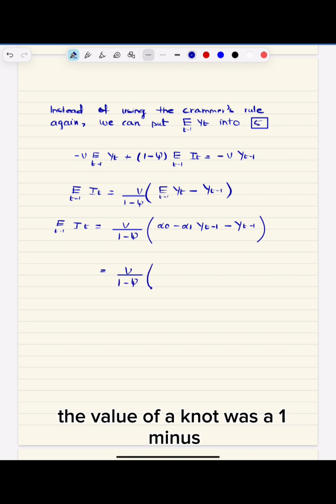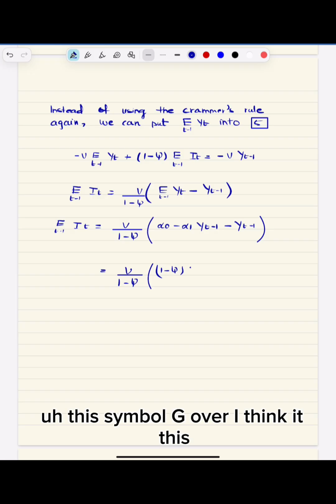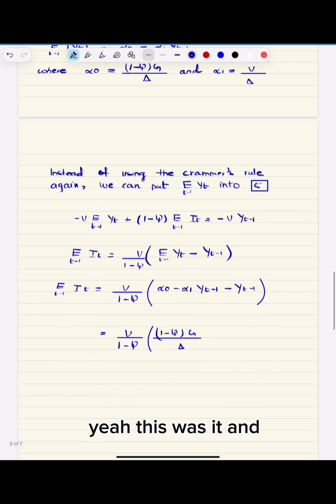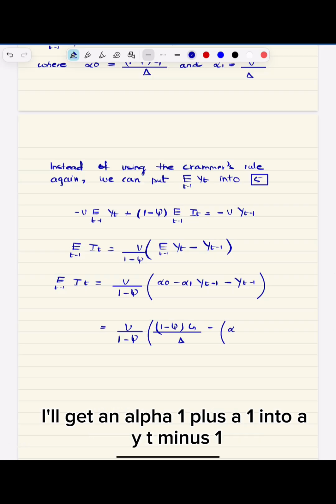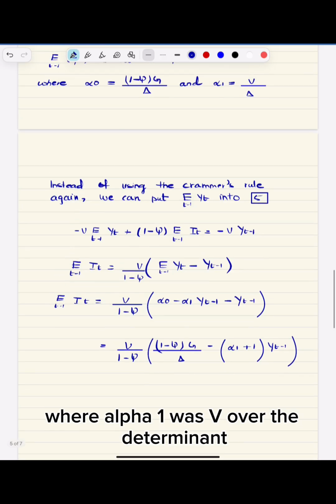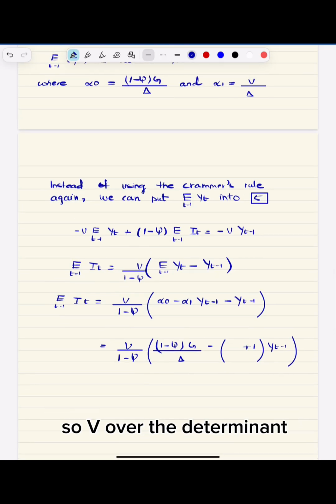The value of A0 was 1 minus the symbol G over, I think this was it. And if I take minus as common, I'll get an alpha 1 plus A1 into YT minus 1, where alpha 1 was V over the determinant. So V over the determinant.